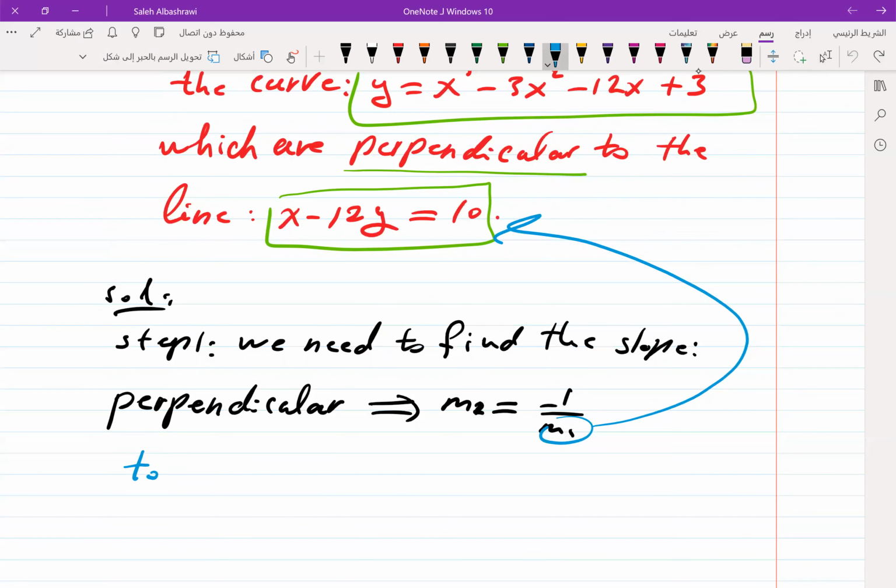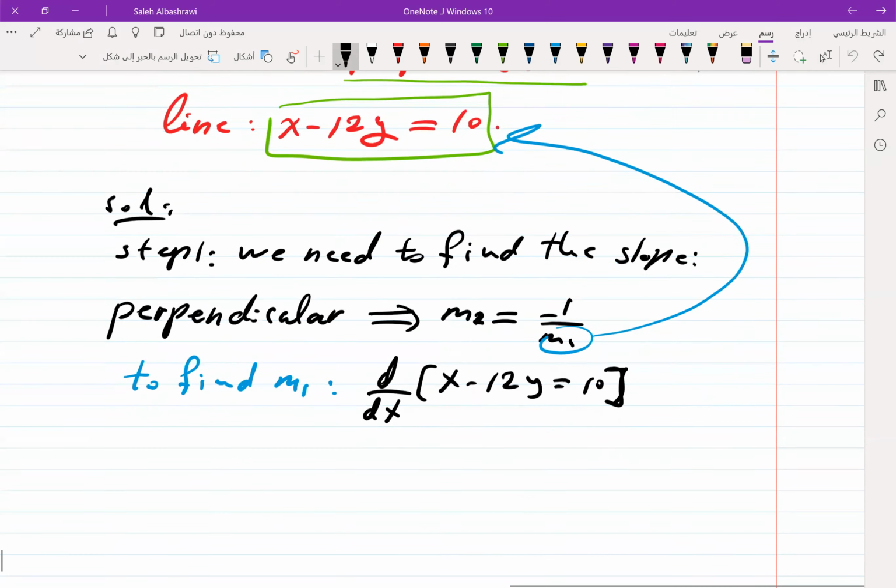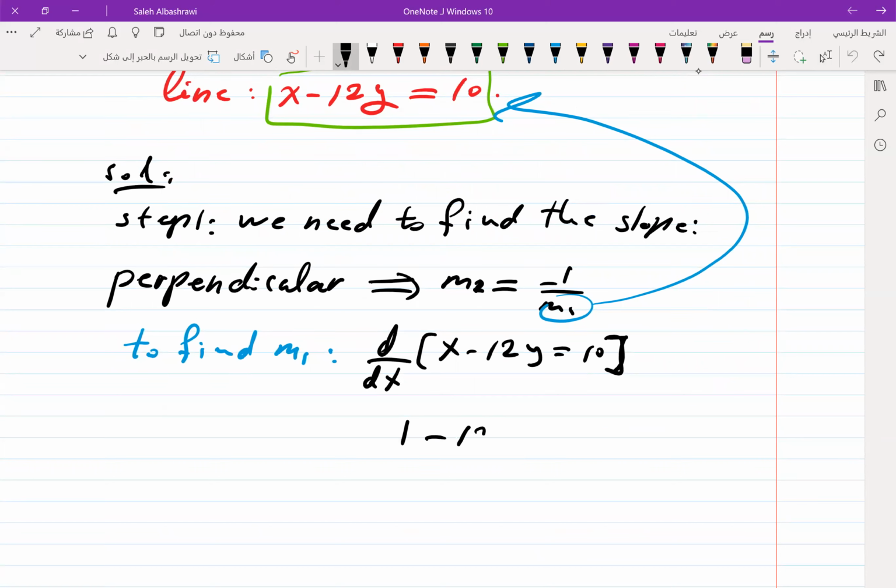We differentiate d by dx of x minus 12y equal to 10. This gives 1 minus 12y prime equal to 0, which means y prime equal to 1 over 12.